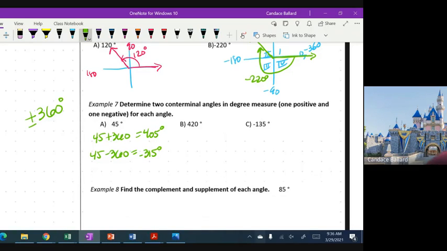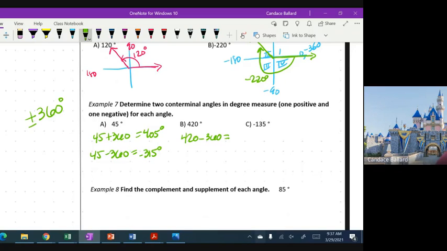Now, sometimes if I were to add 360 to 420, I get like 780. If I start subtracting, I'm still going to get a positive one. So sometimes I just subtract. It just depends on how big the angle is to begin with. So I'm going to go 420 minus 360.